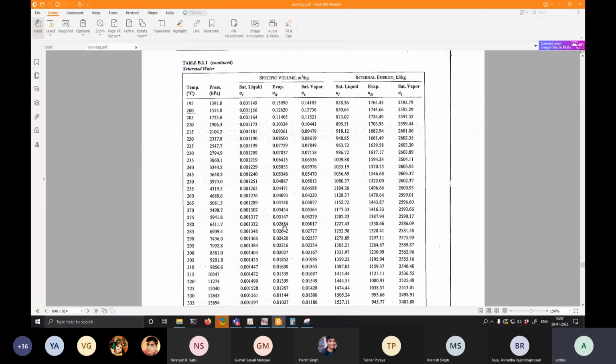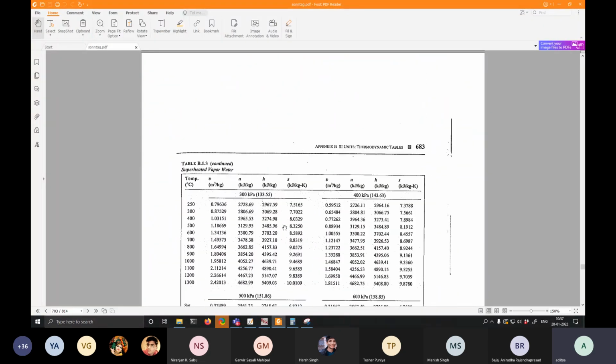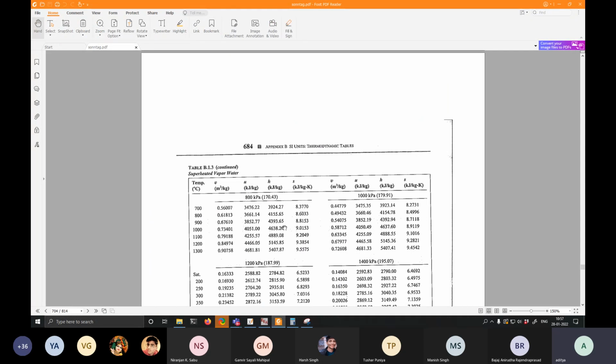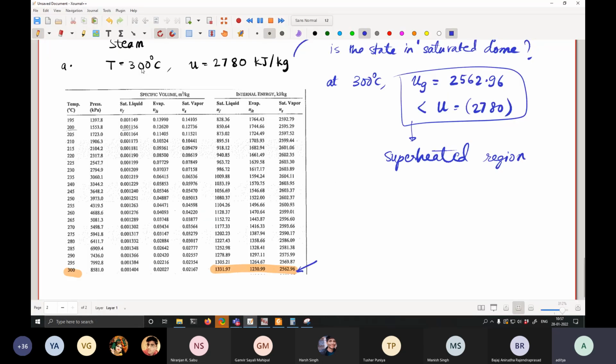So fine, let's do that. We go to the table again. Now we must scroll to the superheated vapor. And what have we been given? T equal to 300 degrees Celsius. Okay. So how do you quickly do it? The way is simple. At 300 degrees Celsius, the saturation pressure is 8581. So we definitely know that we have to look for a pressure higher than 8581.